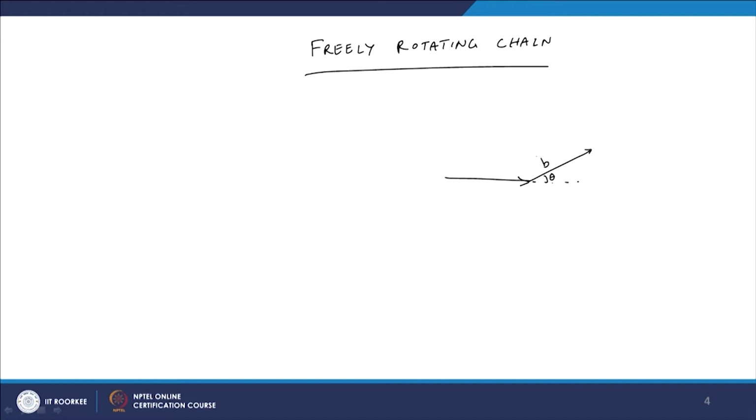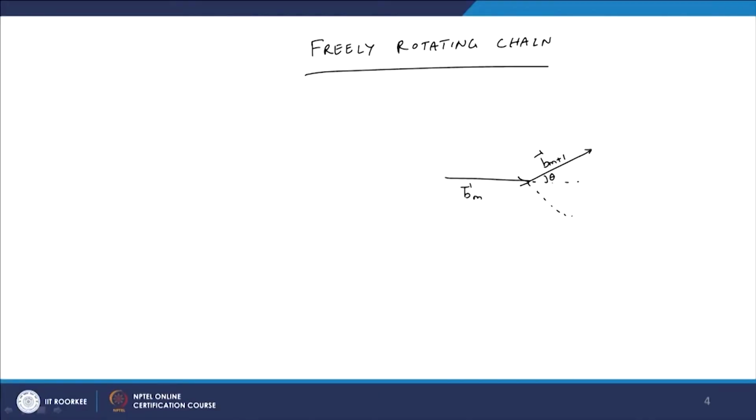Let us say this is my B_{m+1} and this is my B_m, then this has to be at an angle theta. But that can be within a cone. It can rotate like a cone around this while maintaining the same theta, so it can take many possible values as long as the angle between the two remains the same.